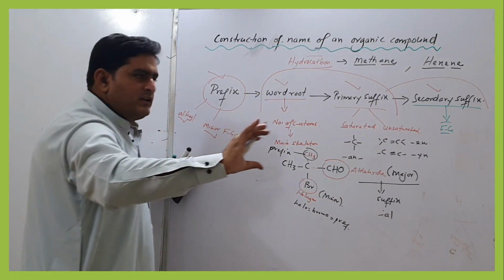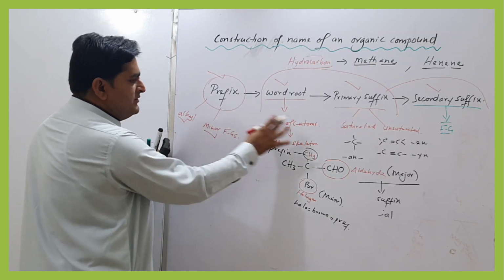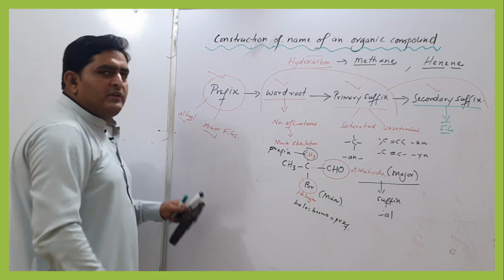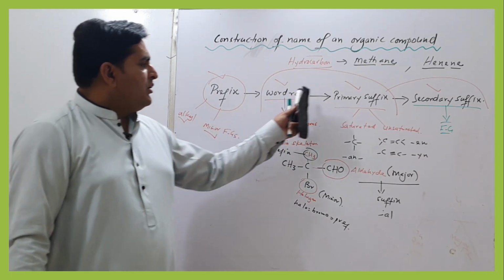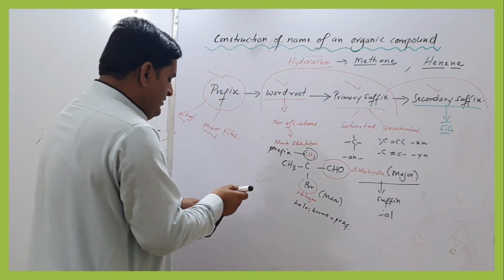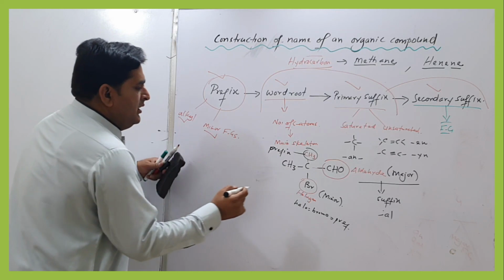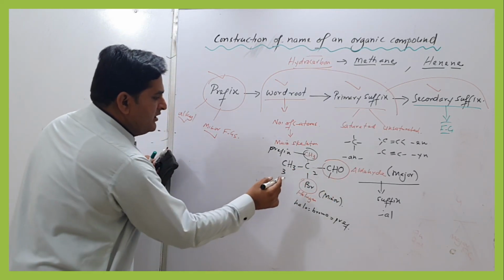So how do we write the name of an organic compound? First of all, the substituents represented by prefixes are named before the word root, then the primary suffix, then the secondary suffix. Look at the name of this compound. There are 3 carbon atoms, and what are the prefixes?